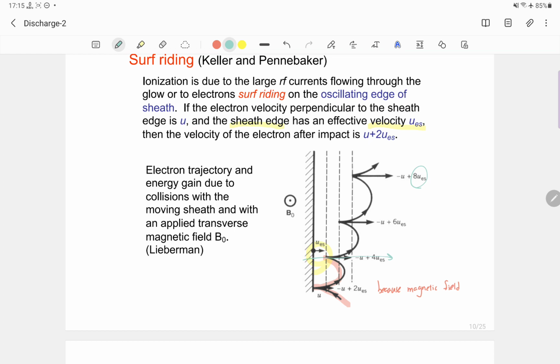So the sheath itself can push the electron back, so that the energy or velocity of the electron will increase. Okay. So this is another effect, and you can read the paragraph in Lieberman's book.